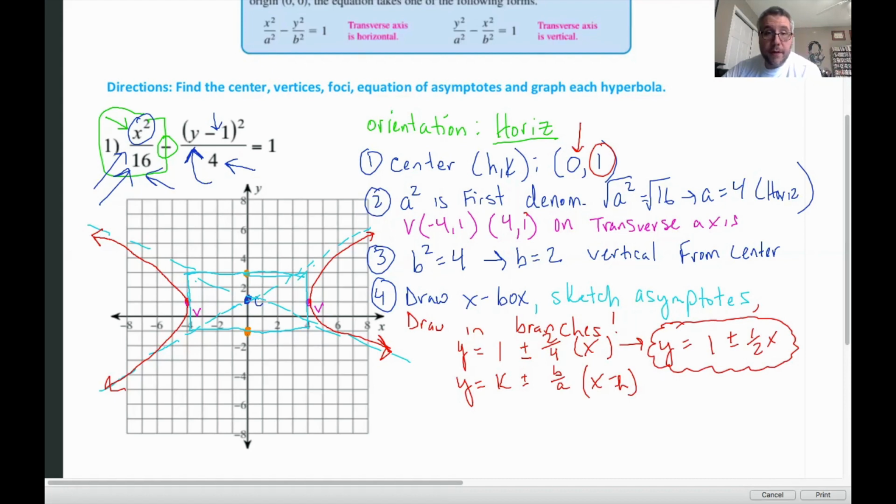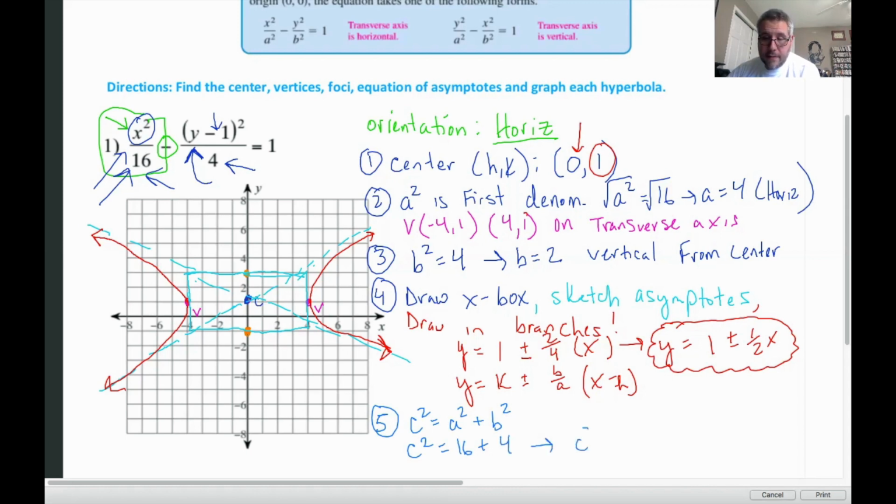Last step is to put in the foci. That'll be step 5. Remember, the foci relate to the equation c squared equals a squared plus b squared. Plug in what we know. We do not know c squared. A squared was the first denominator, 16, plus b squared, which is the second denominator, 4.